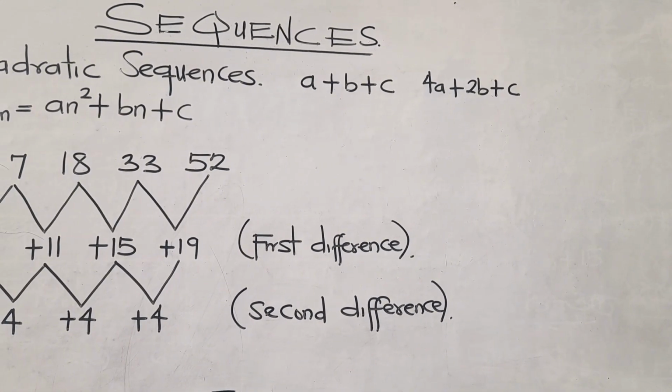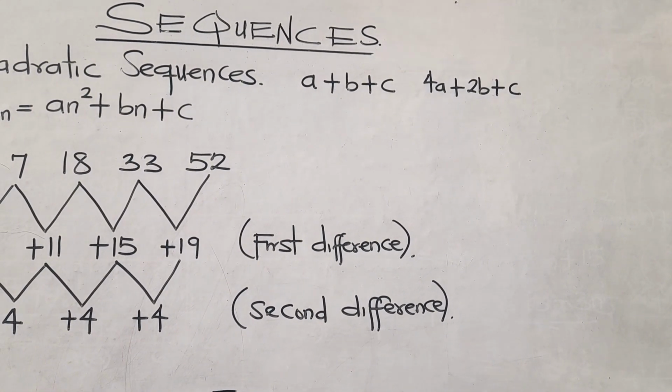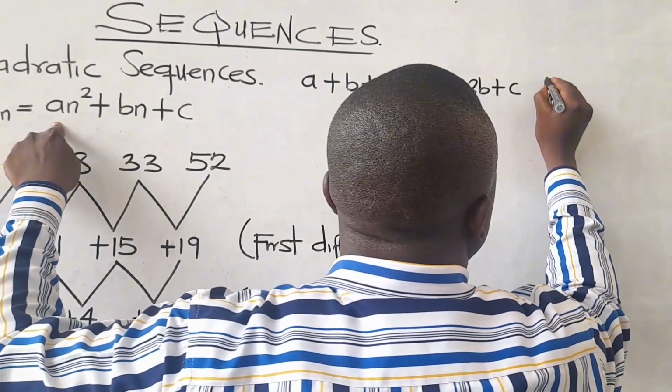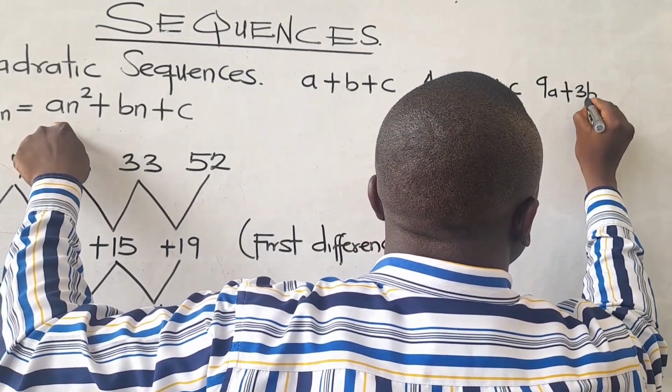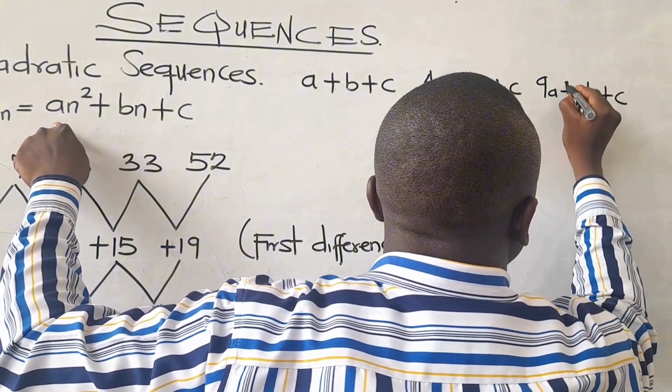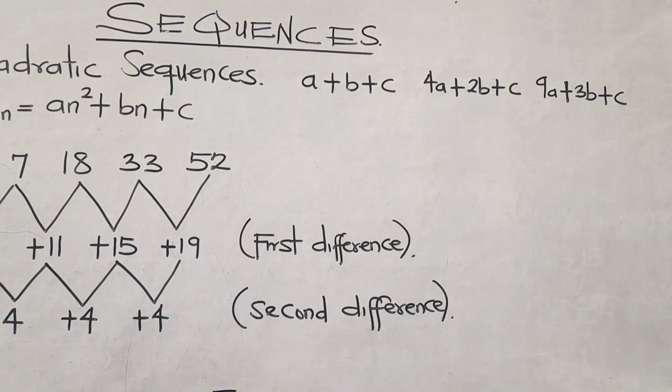Now, when n is 3, you have 9a plus 3b plus c.